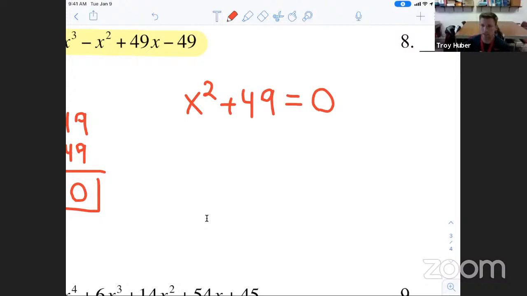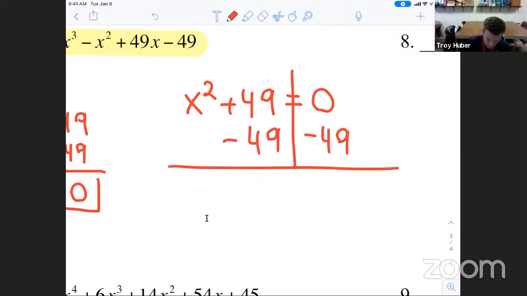We actually don't need to factor this one because we can just solve it. So I can subtract 49 on either side. So I get x squared is equal to negative 49.